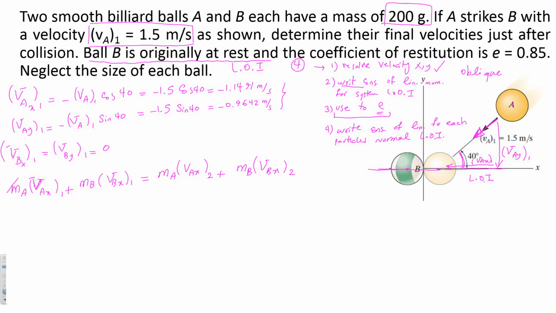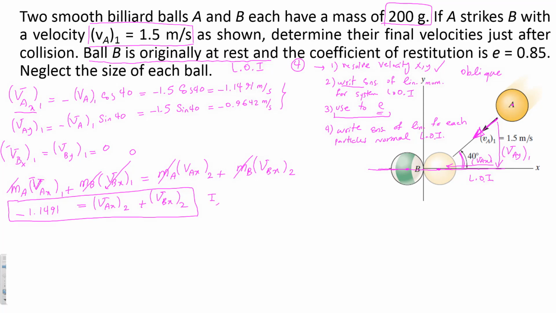The masses are the same for both particles, so let's get rid of them at this step. VAX1 is minus 1.1491 and VBX1 is also 0. This is equal to VAX2 plus VBX2. Let me call this equation 1.